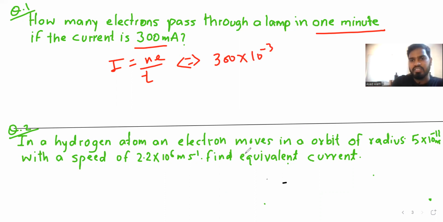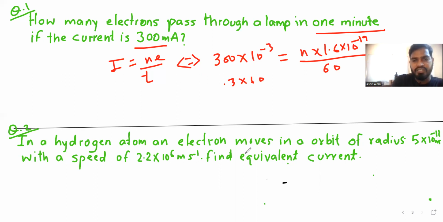So we convert the milliampere: 10 to the power minus 3 into N into 1.6, the electron charge value 1.6 into 10 to the power of minus 19, divided by the time. Time is 60 seconds. So all those things will go here. It is going to be 0.3 into 60 divided by 1.6 into 10 to the power of minus 19 is equal to N. So it will be 18 divided by 1.6 into 10 to the power minus 19.